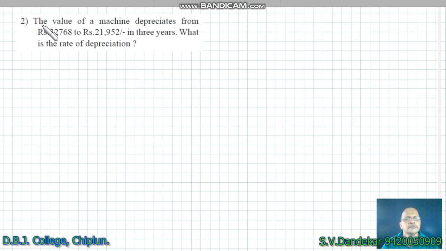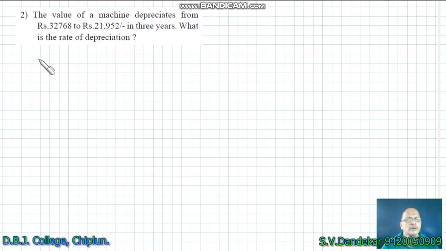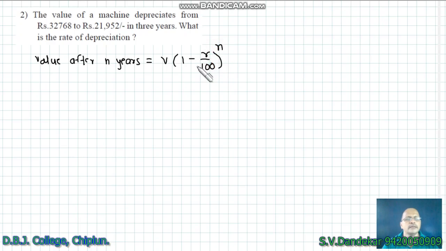The second problem: the value of a machine depreciates from 32,768 to 21,952 in 3 years. What is the rate of depreciation? Here we are going to use the same formula: value after n years is equal to present value into (1 minus R/100) raised to n.